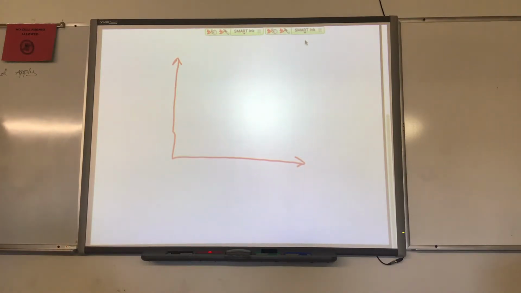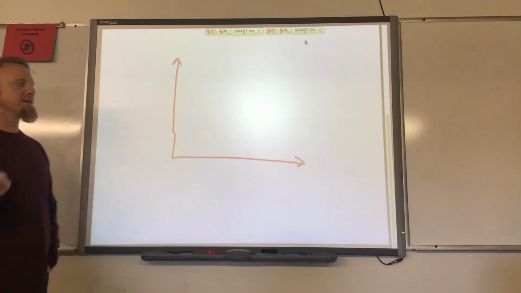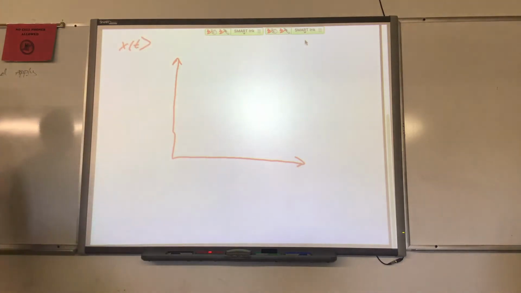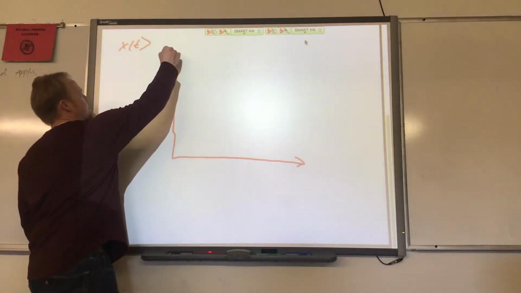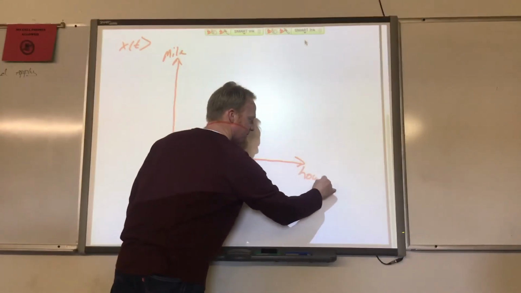What are 2 variables we use to talk about a position function? S of t and x of t. Let's do x of t. Let's say this is a position function, and the dependent units are miles and the independent units are hours. Miles is dependent and hours is independent. Miles up here is always your dependent, and your independent is down there.